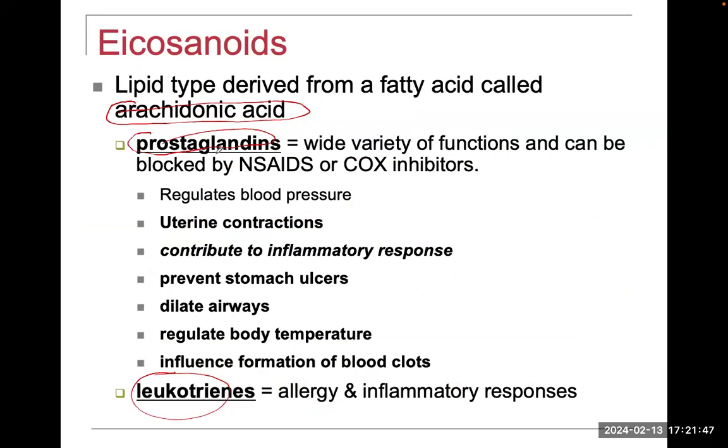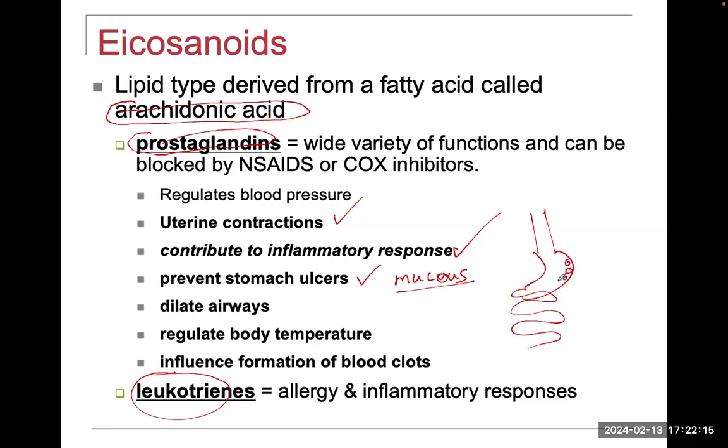Prostaglandins are needed for uterine contractions and muscle contraction. They're involved with inflammation. They're also involved in protecting against stomach ulcers because prostaglandins produce mucus in the stomach. So if here's the esophagus and here's the stomach and this is the intestine, we have mucus cells that line the walls.